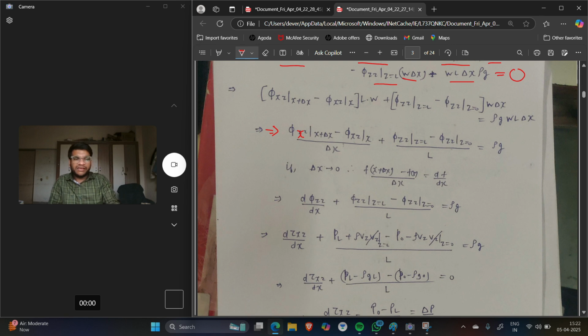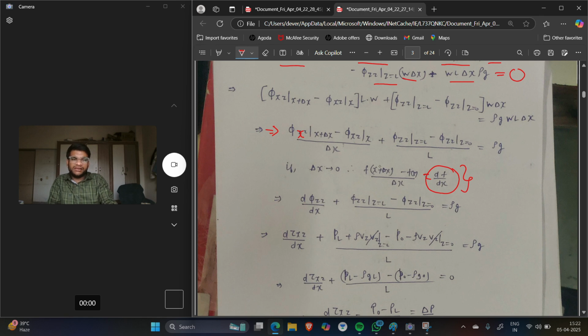So let me tell you the definition of the first derivative. If there is a function of x, and delta x tends to 0, and I calculate f of x plus delta x minus f of x upon delta x, then I can equate it to df by dx. This is the definition of the first derivative.